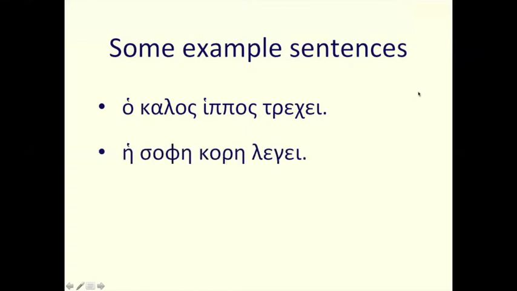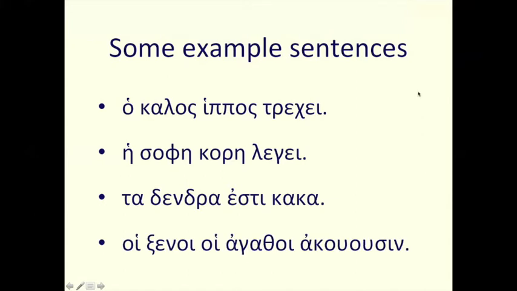So, first example sentence, ho kalos hippos trechei. He sophe kore legei. Ta dendra esti kaka. Hoi xenoi hoi agathoi akouousin. So, pause for a moment, work out what you think they mean, and then resume so I can take you through them.